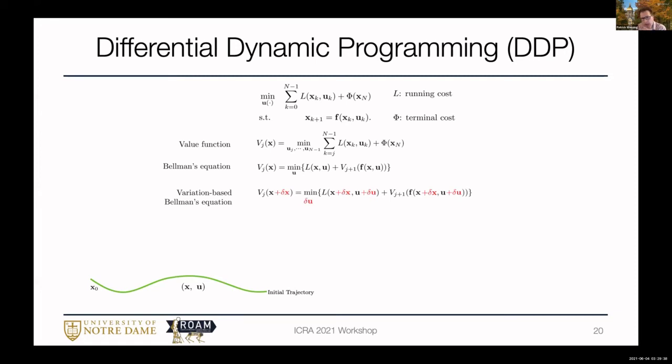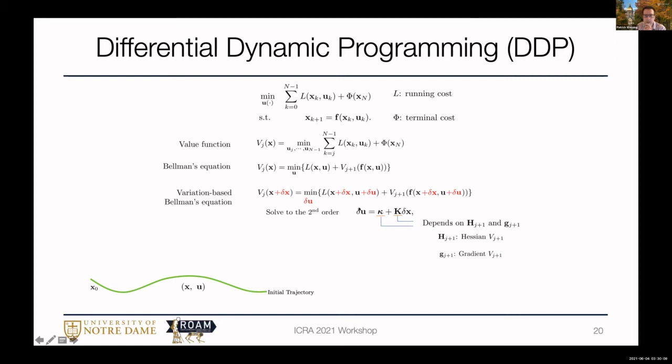If I take that right-hand side of the equation and expand it out to second order, I can find a rule that tells me how I should update my controls based on how far my state is away from the nominal trajectory. As a technical detail, these two quantities, kappa and k, depend on the Hessian and the gradient of the optimal cost to go at the next time step.